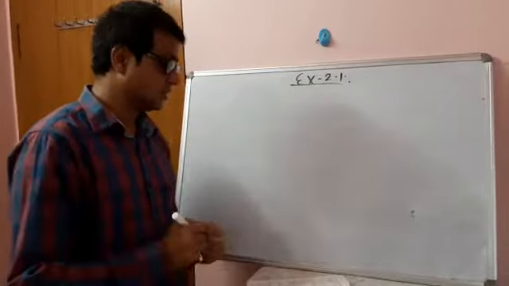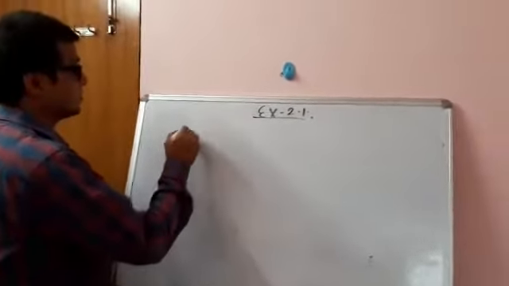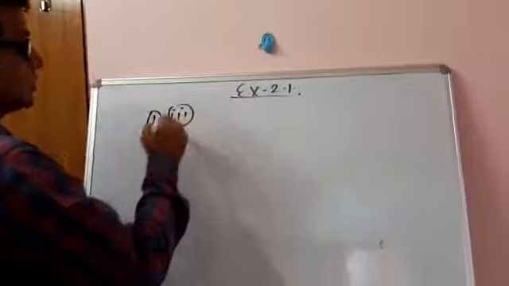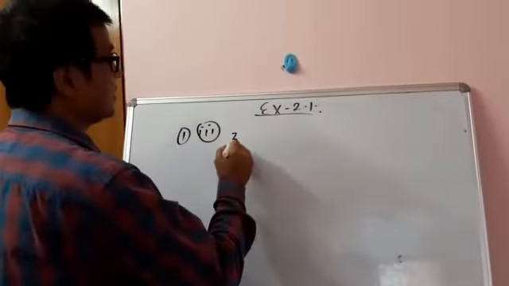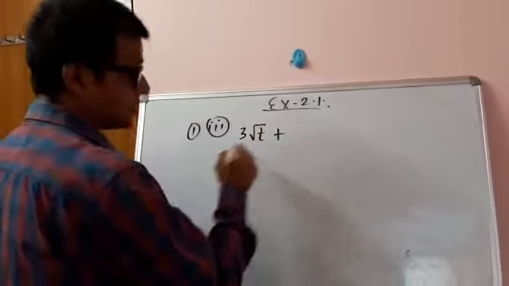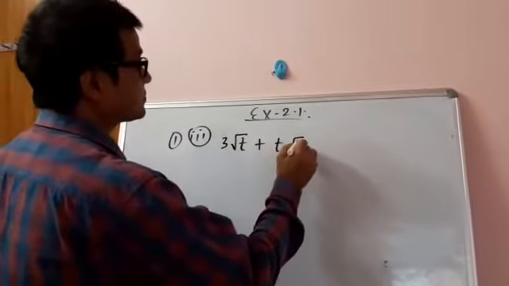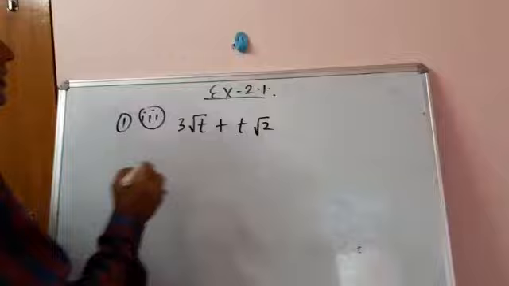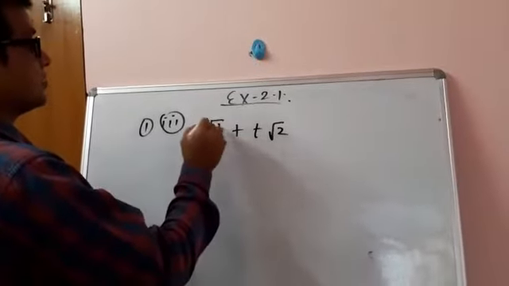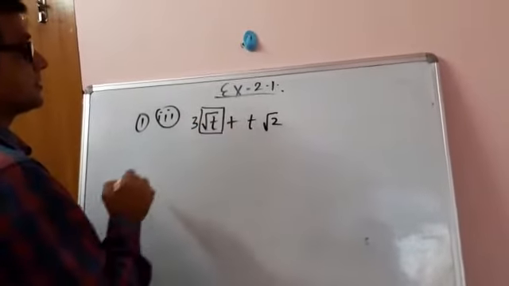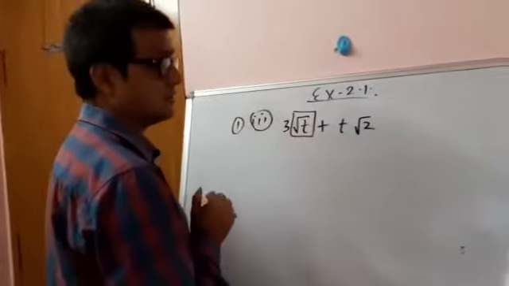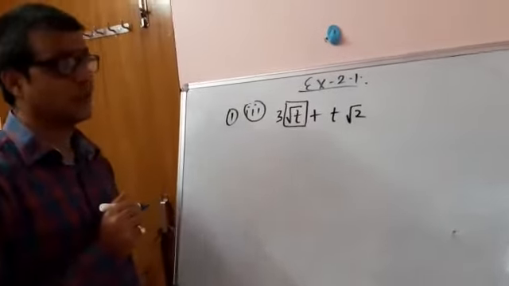Third part of question number 1. This is 3 under root t plus t under root 2. So what is the power of t? It is half, and it won't obey the rule.